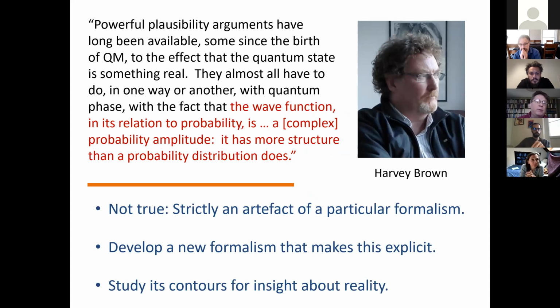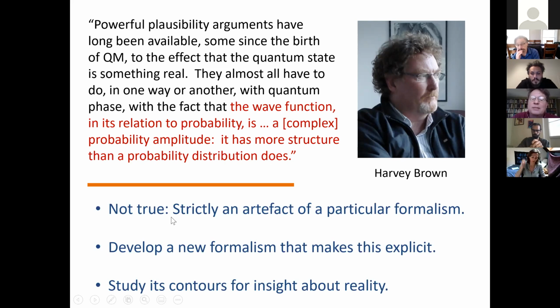A few years ago, he wrote in one of his papers, "Powerful plausibility arguments have long been available, some since the birth of quantum mechanics, to the effect that the quantum state is something real. They almost all have to do in one way or another with quantum phase, with the fact that the wave function in its relation to probability is a complex probability amplitude. It has more structure than a probability distribution does."